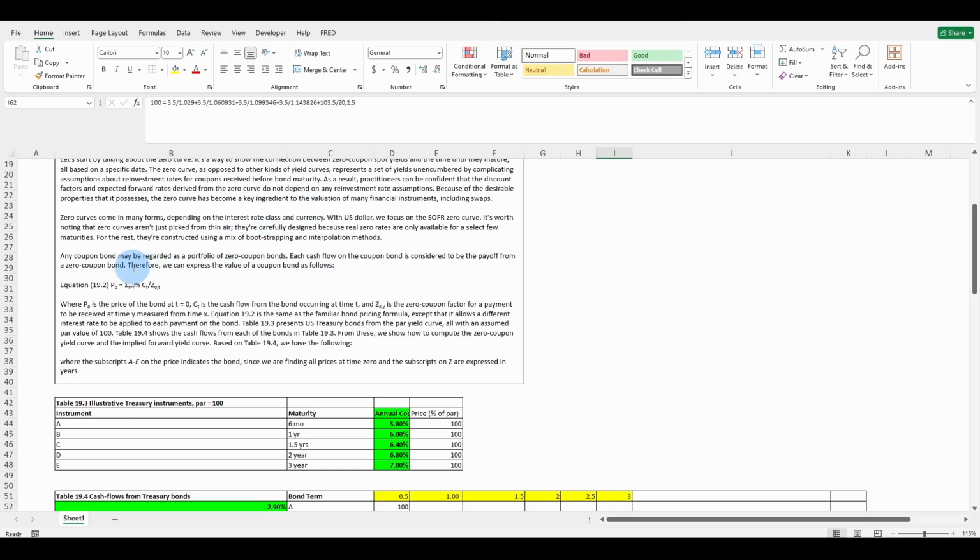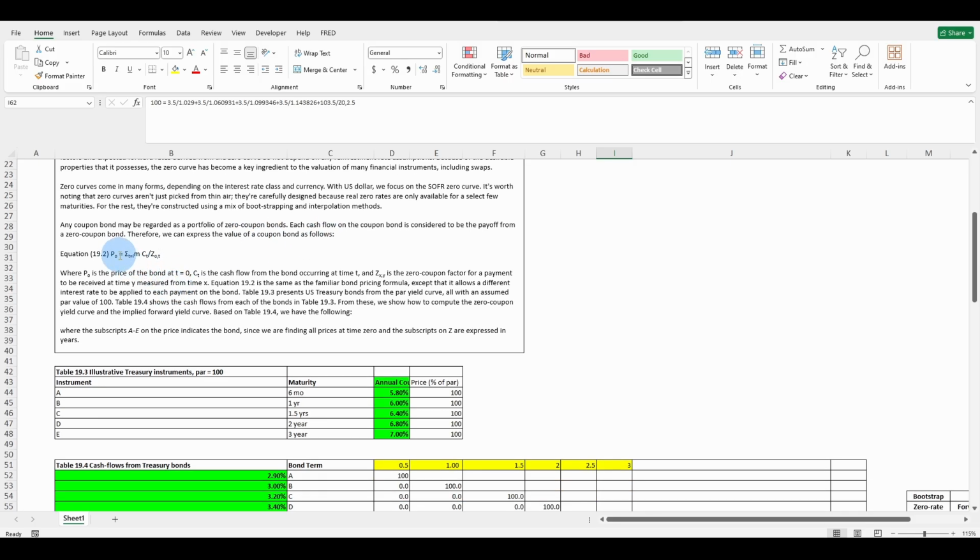Any coupon bond may be regarded as a portfolio of zero bonds. Each cash flow on the coupon bond is considered to be the payoff from a zero coupon bond. Therefore, we can express the value of a coupon bond as follows.